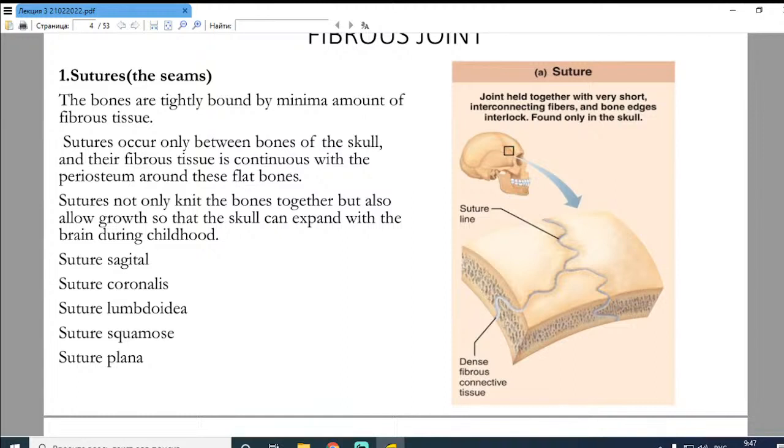What you see is a suture line between flat bones. You see, this is dense fibrous connective tissue. This is the suture between the frontal bone, sphenoid bone, parietal bone, and temporal bone.